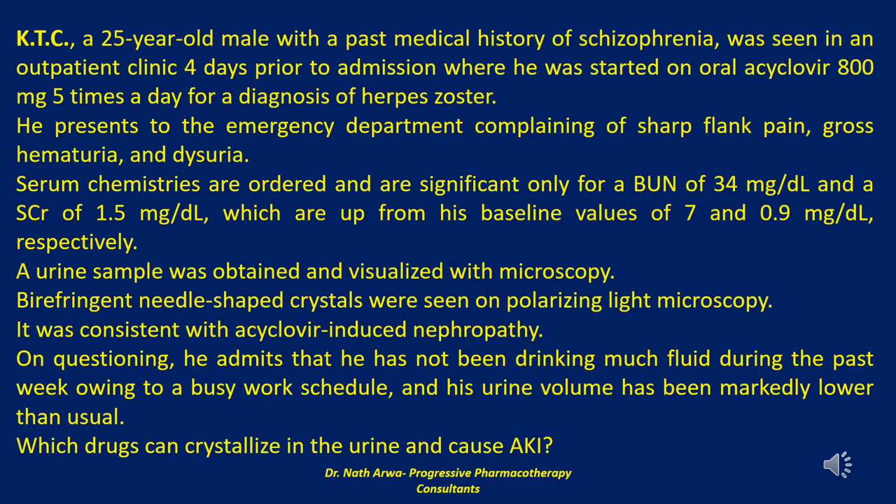He presents to the emergency department complaining of sharp flank pain, gross hematuria, and dysuria. Serum chemistries are ordered and are significant only for a BUN of 34 mg per deciliter and a serum creatinine of 1.5 mg per deciliter, which are up from his baseline values of 7 and 0.9 mg per deciliter, respectively.